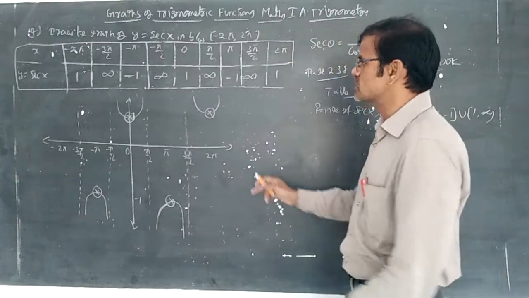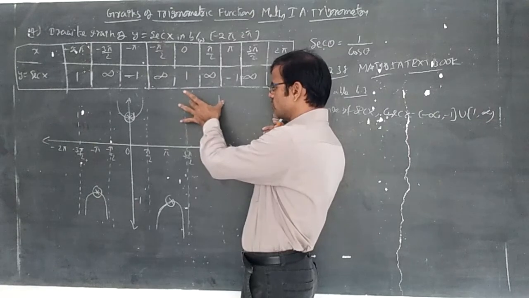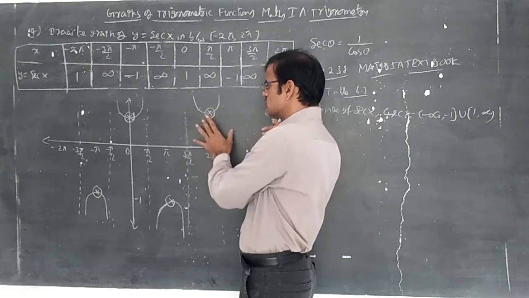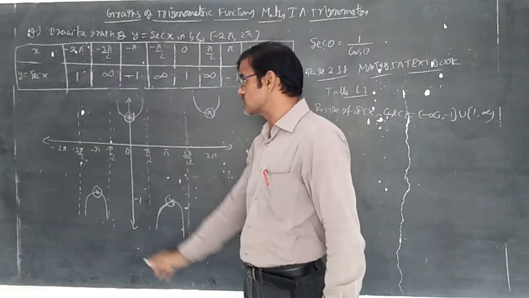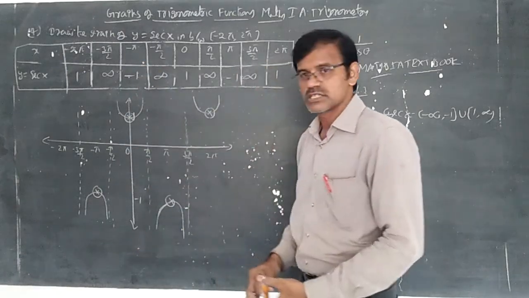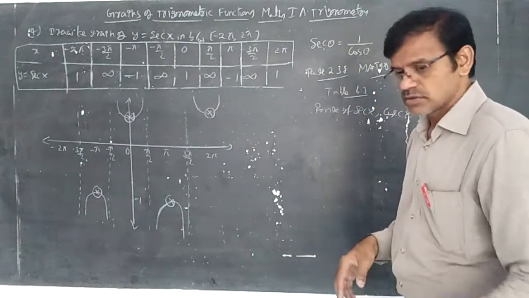That is called the bounded or limited nature of the curve. Simply draw like this. It means only minus 1 and 1. Between minus 1 and 1, you cannot get the values.